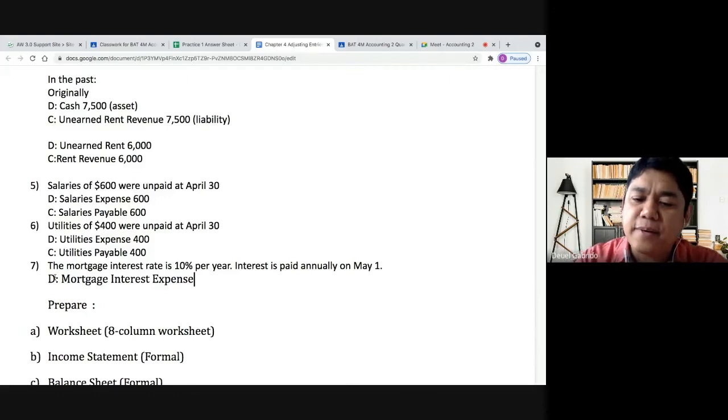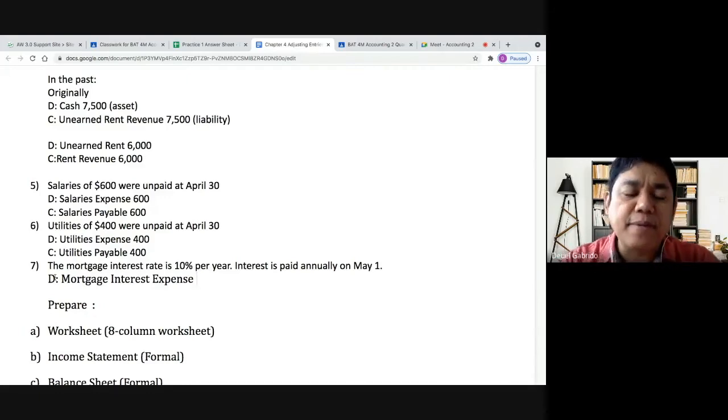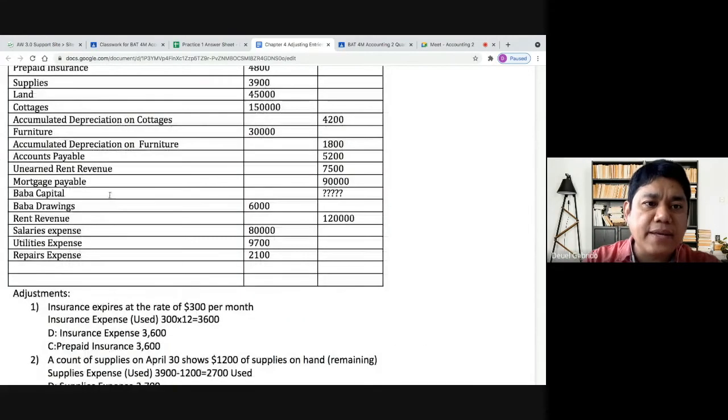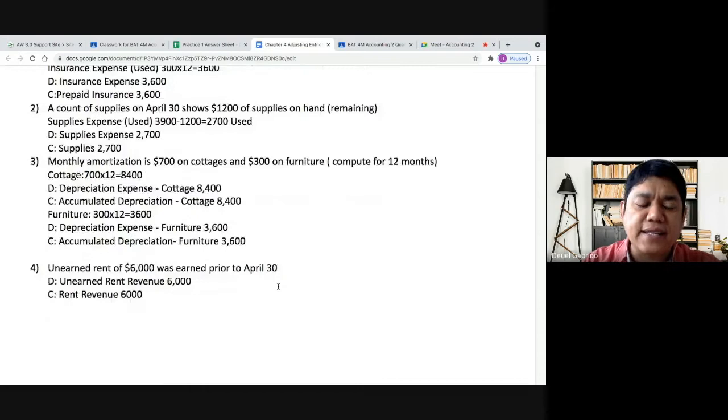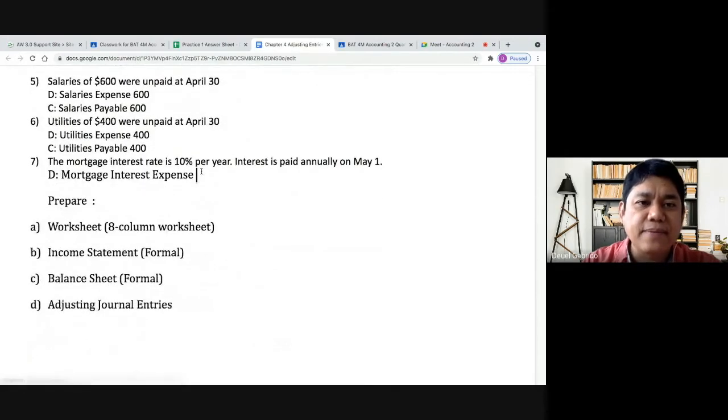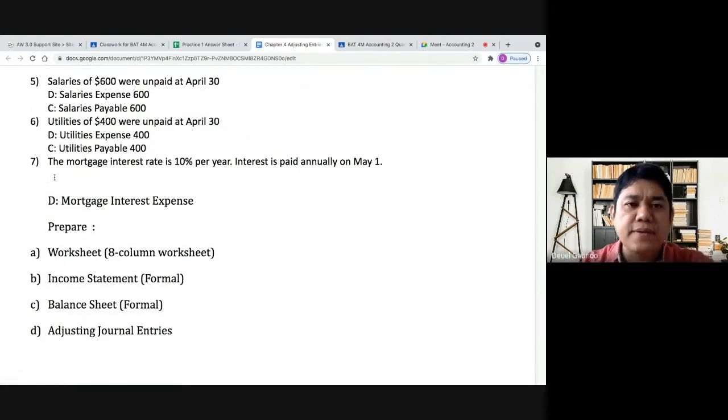Okay. So how much would this be? 10%, guys, per year. What is the mortgage payable? Mortgage payable is 90,000. You see this one? Okay, and let's calculate the 10% interest here. Let me put it here first. 90,000 is the payable, right? Multiply by the rate 0.10.